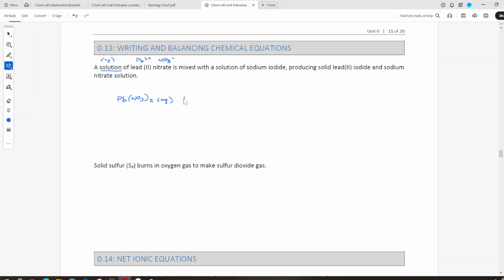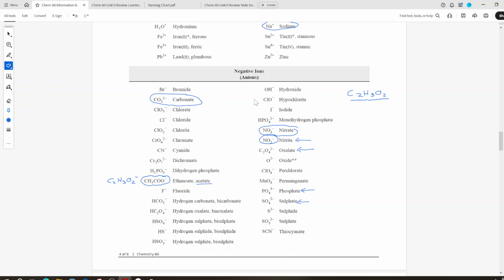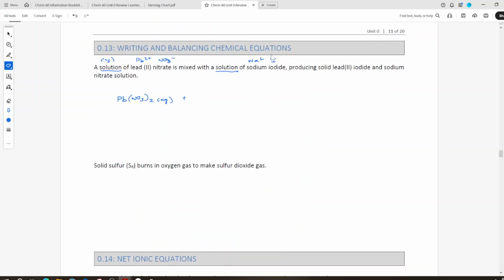Okay, that is getting mixed with a solution, again, of sodium iodide. Sodium is a 1 plus, iodine, I believe, is a 1 minus, but let's just double check. Yeah, so iodide is a 1 minus, so that's going to be an NaI, and again, it's aqueous.